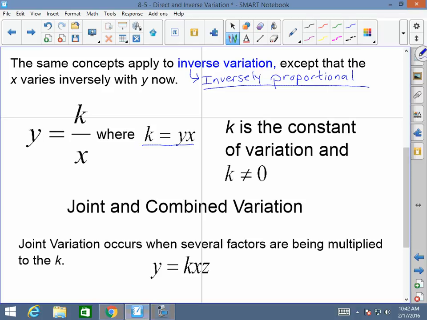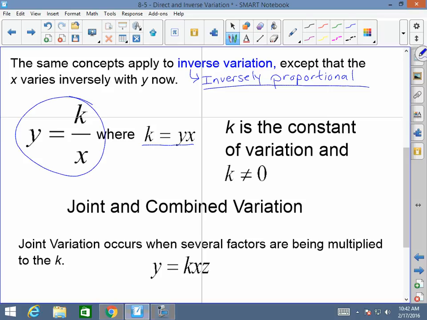Again, you don't have to memorize another two equations. All you got to do is memorize this guy and know how to solve for k by multiplying x to both sides. Okay? Now, everything works the same with inverse variation, except it's y equals k over x.